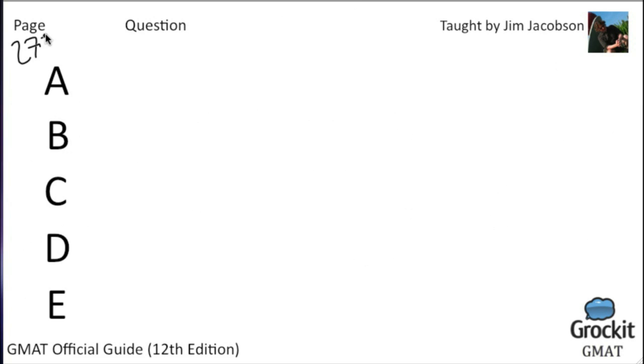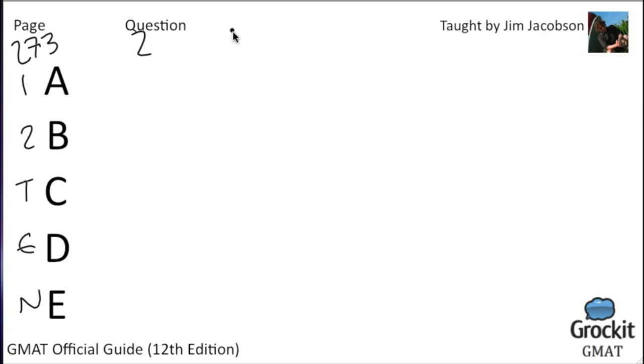So 273, question 2. I'm going to keep doing this because this is just the habit I've been in over the years, doing GMAT questions. It makes my life easier, reduces confusion. I even do this on the scrap paper on the test and everything. So, okay. What percent of a group of people are women with red hair?